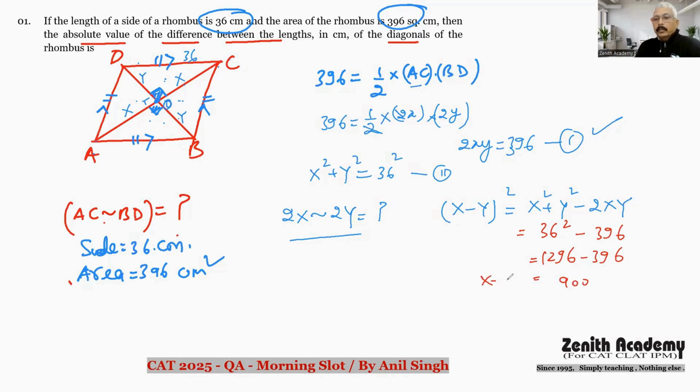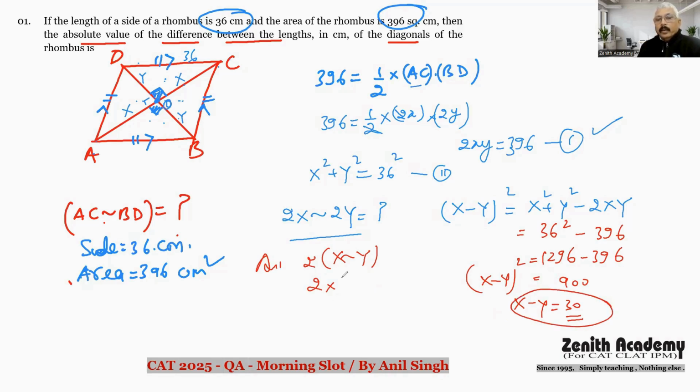And this (x minus y) square is 900. So x minus y is equal to 30. So here the answer is twice the difference of x and y, means twice into 30. So it is 60. This is our answer.